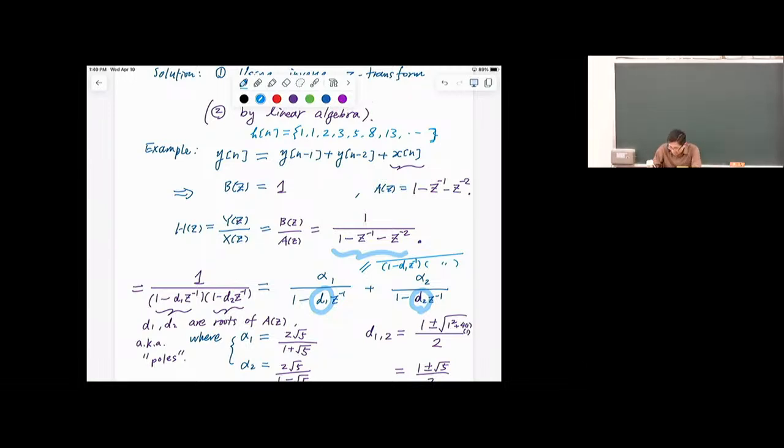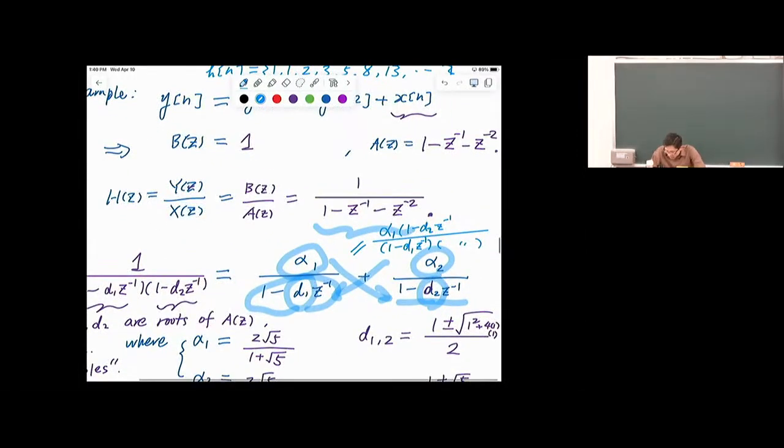We put everything back together and make these products. We calculate alpha 1 times the bottom right here, and alpha 2 times the bottom right here, and sum it up. So on top we have alpha 1 times 1 minus d2 z inverse, plus alpha 2 times 1 minus d1 z inverse.